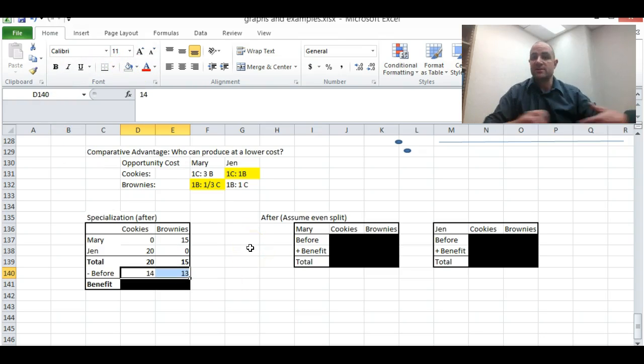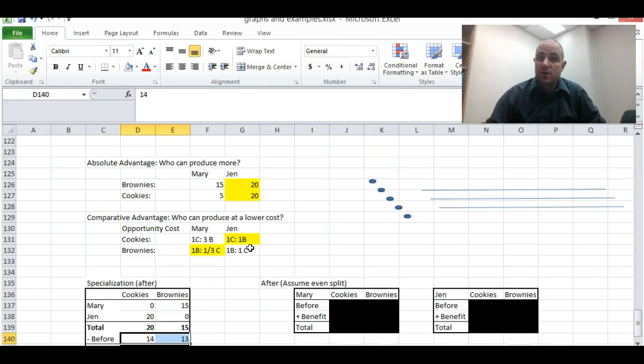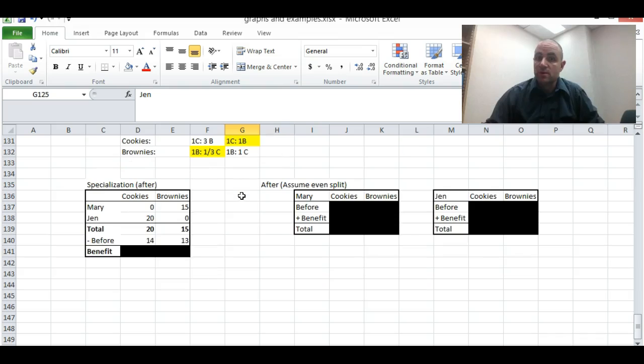So right off the bat, you can see that by specializing, they're making more. How much more? If you take the new total and take out what they were doing before, you can find that they are getting 6 additional cookies and 2 additional brownies. So there's a benefit there.